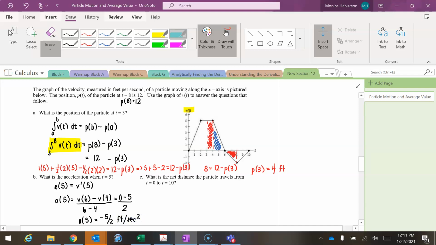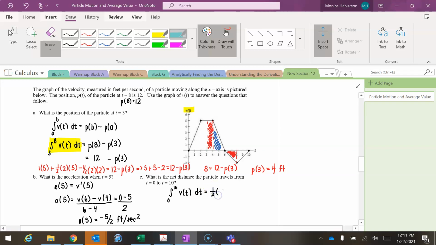All right, so for part C, what is the net distance from 0 to 10? So remember, net is just equal to the definite integral from 0 to 10 of the velocity. So we're going to break this up into the trapezoid and the triangle.